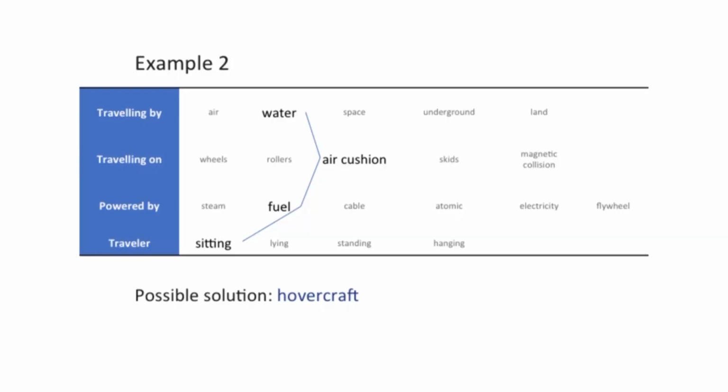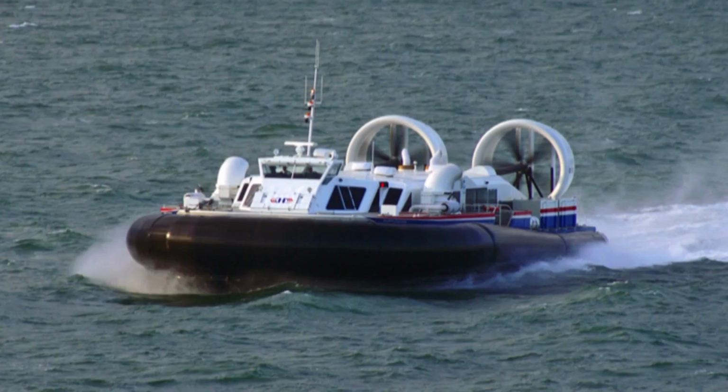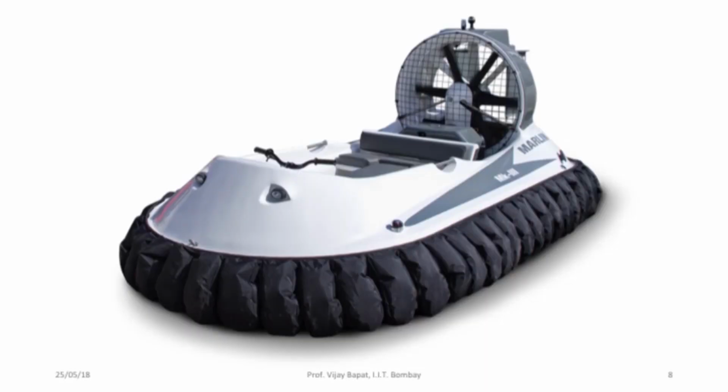Moving on water, on air cushion, I may be using a battery or a fossil fuel. People might be in sitting posture. It becomes a hovercraft. In the hovercraft there is an air cushion and a baffle, it captures the pressurized air and lifts the whole thing.